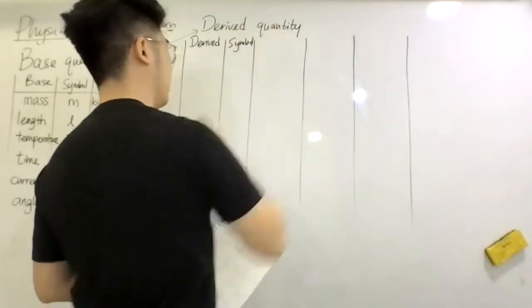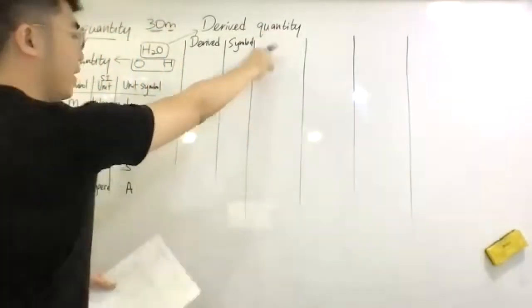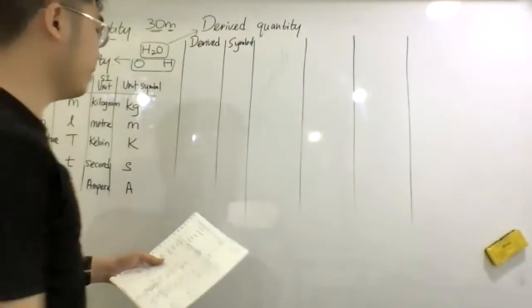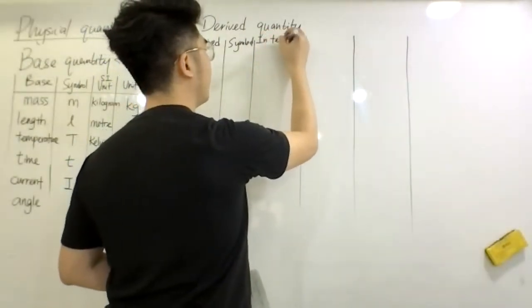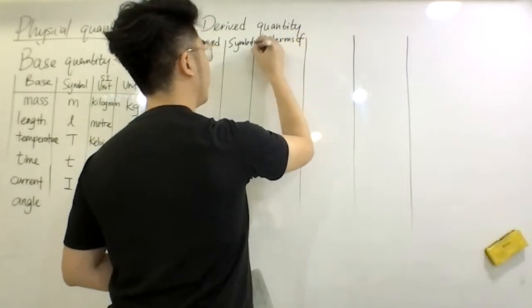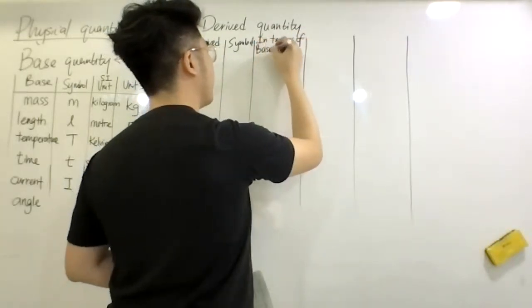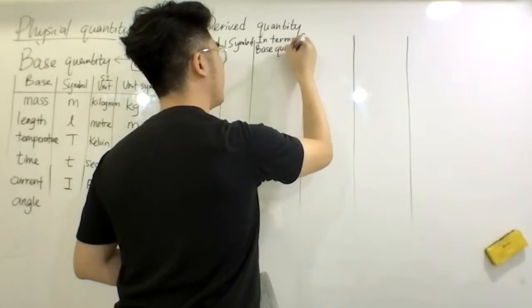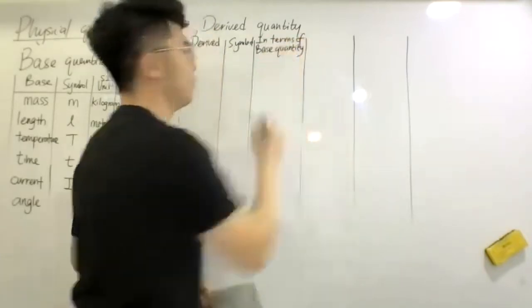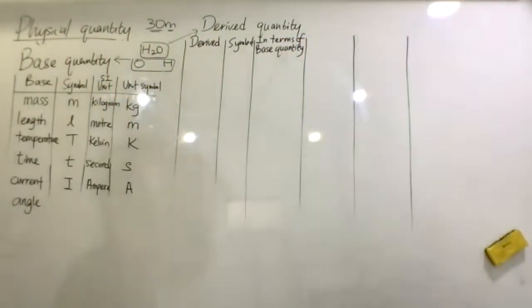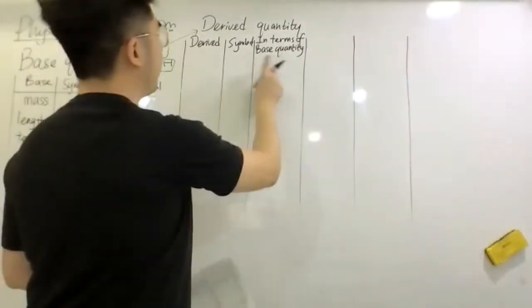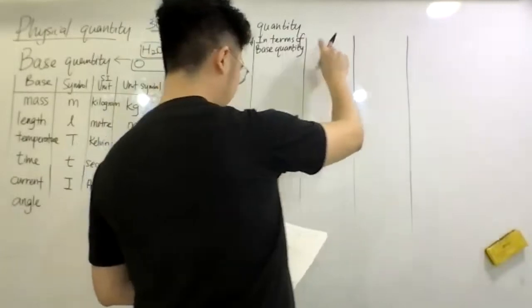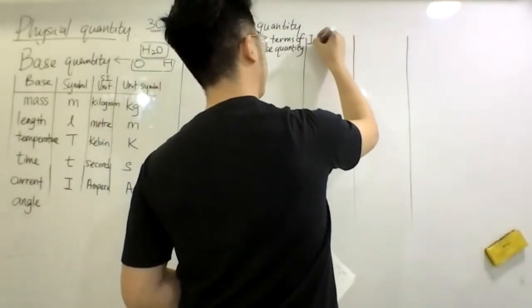And this column here, we will do in terms of base quantity. In terms of base quantity. And then this one we will do in terms of SI unit.